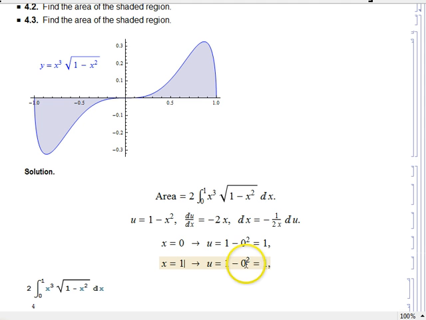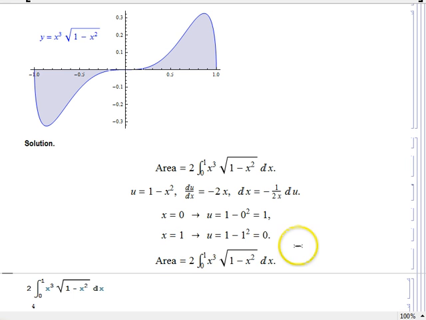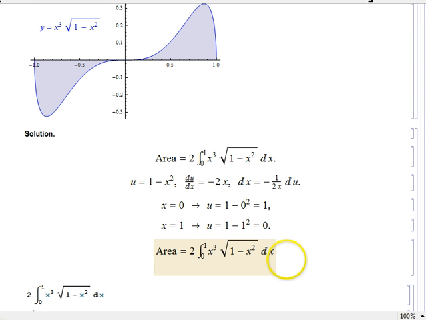In that case, u is going to be 1 minus 1 squared, so that's going to be 0. So the integral will be going from u equals 1 to u equals 0 instead. So this is the integral computation we are doing.